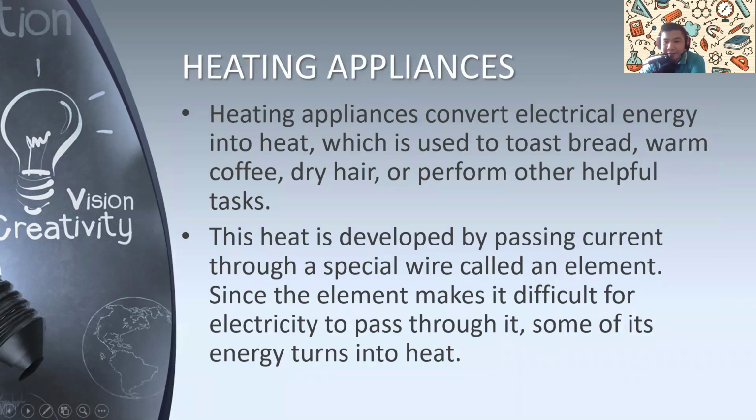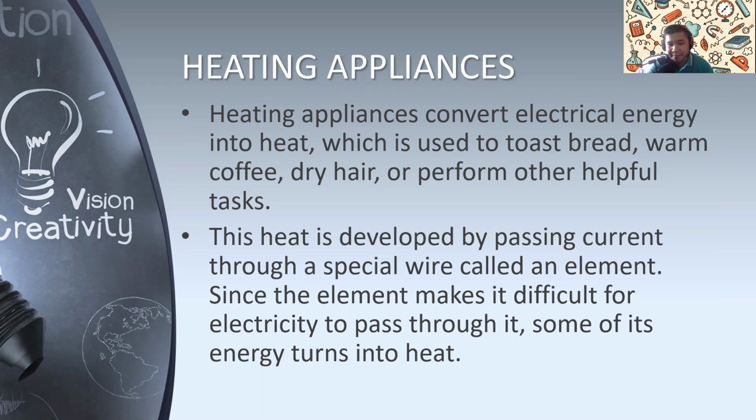Next, please. The first appliances we're going to talk about are the heating appliances. Heating appliances convert electrical energy into heat, which is used to toast bread, warm coffee, dry the hair, or perform other helpful tasks. This heat is developed by passing current through a special wire called an element.